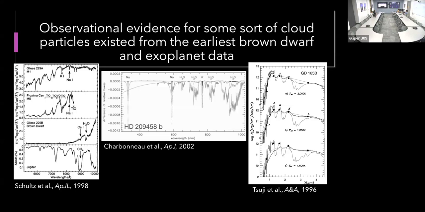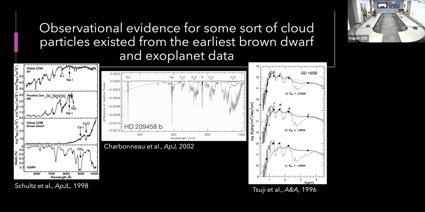On the observational side, we had evidence pretty much right away, as soon as we got observations of these objects, both brown dwarfs and hot Jupiters, that clouds were impacting what we see. So over there on the left, you're looking at data of, again, GJ229b, and you can see that it, in the third down, does not have strong absorption features through the optical and near infrared.